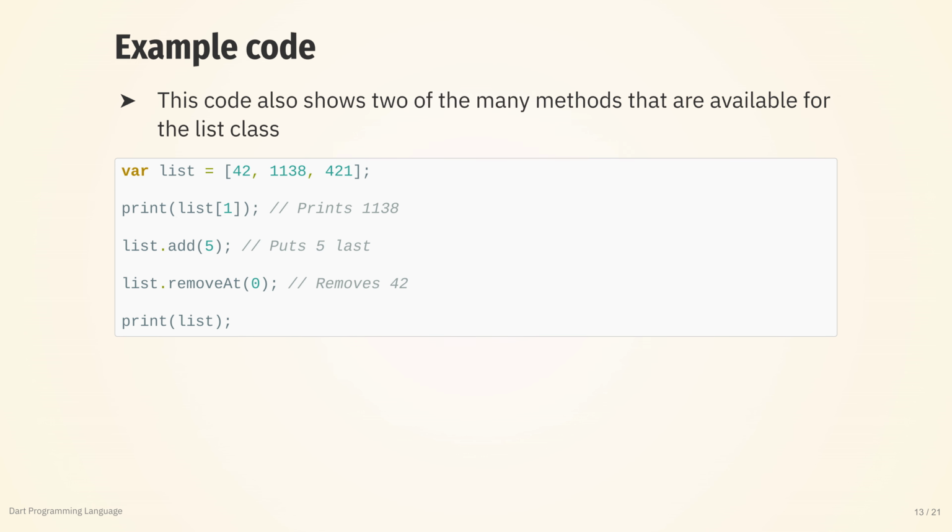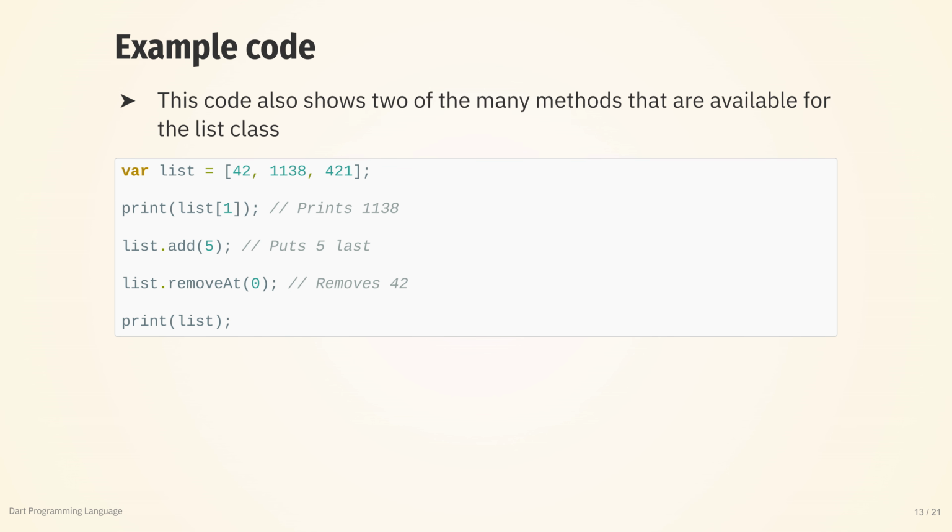And we can see that on the next example, where we create this list and then we print out the first element by calling list1, or the first, so it starts by 0 as we are used to.